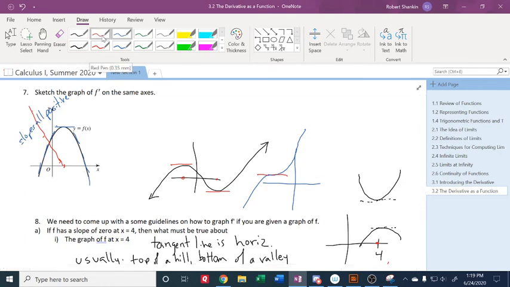So slopes are all negative. It couldn't be both positive and negative on this side, or it would create another x-intercept. Slopes are all negative, and the further you move to the right, the more negative you get. And it turns out like this.